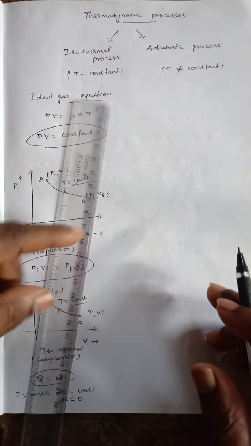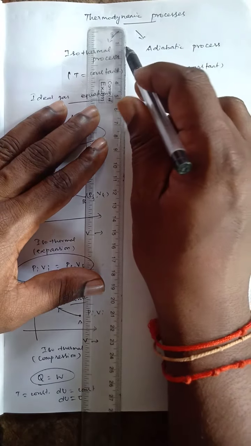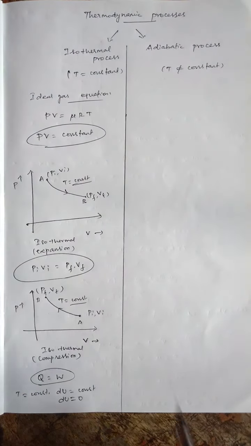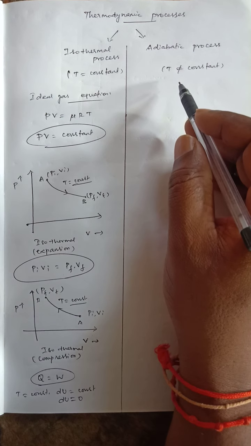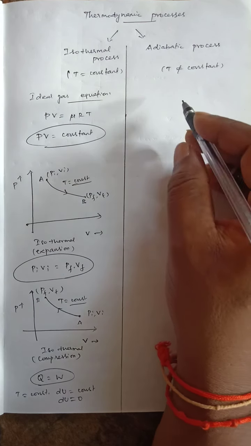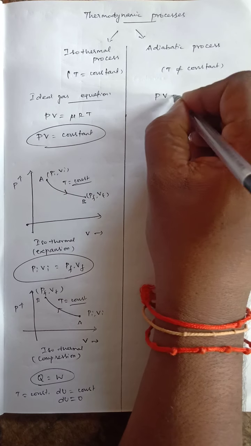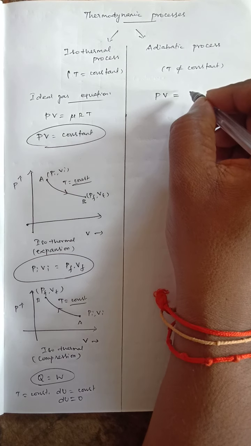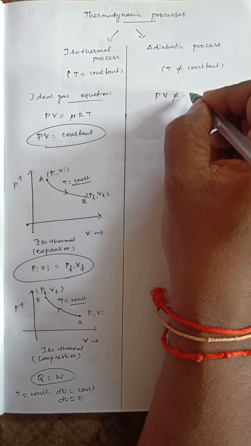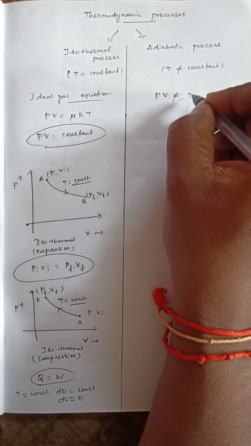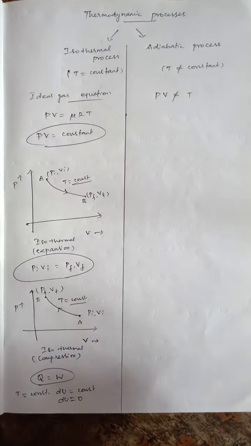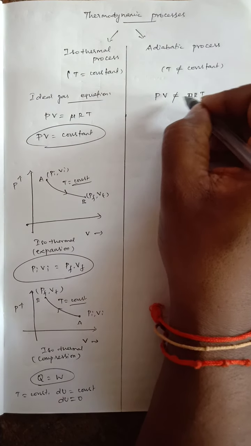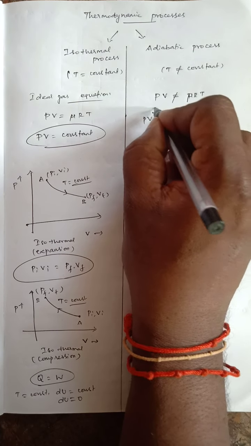Next we will see the adiabatic process. Here I told you T is not constant. So we write the equation PV is equal to mu RT. Although mu and R are constant, PV is not a constant, since T is not constant. What is constant is PV to the power gamma.